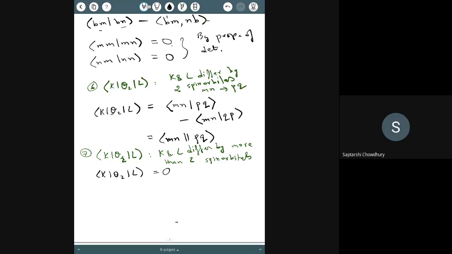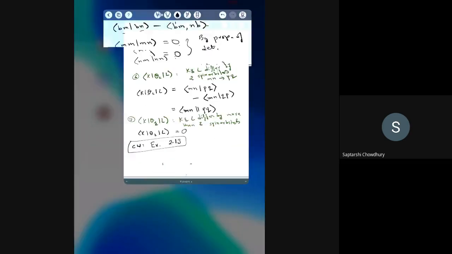You have the Szabo and Ostlund? Okay, then I can just tell you the exercise number. Is there anyone who doesn't have it? Okay, I can share the screen afterwards after I find the page. So its classwork is exercise 2.13. And I will find that exercise and share it on the screen in case some of you don't have it.